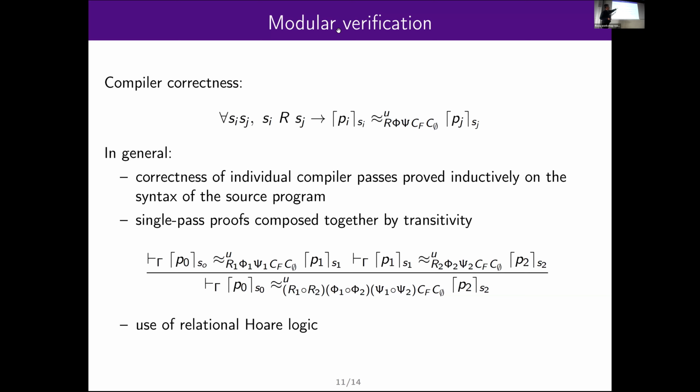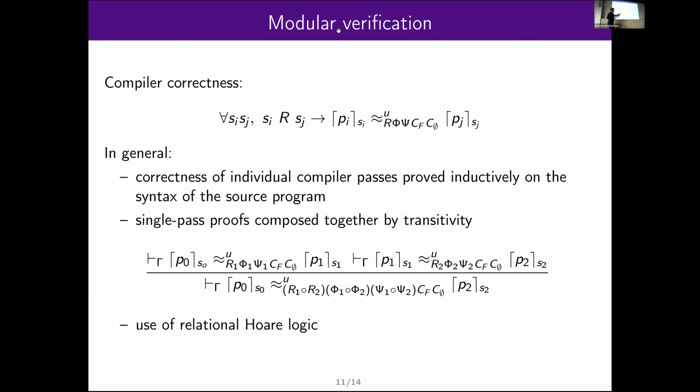Given related input states Si and Sj, the semantics of the source and the semantics of the target for these states are going to be related, this time by this equivalence up to tau, once we have set the variables appropriately.